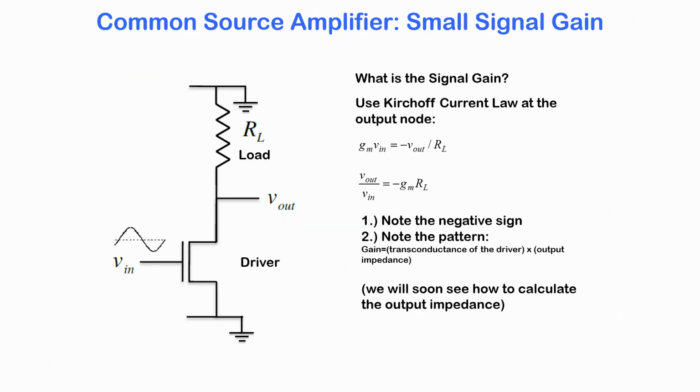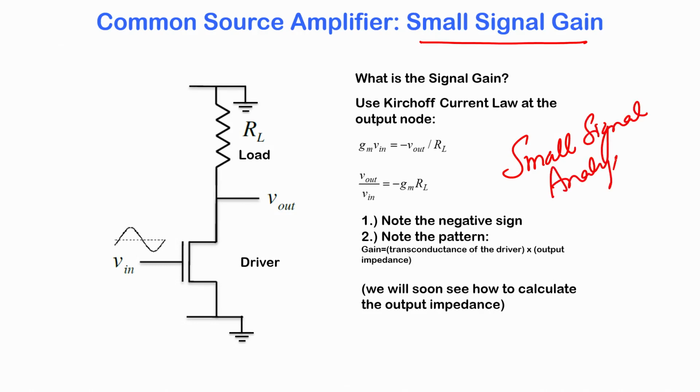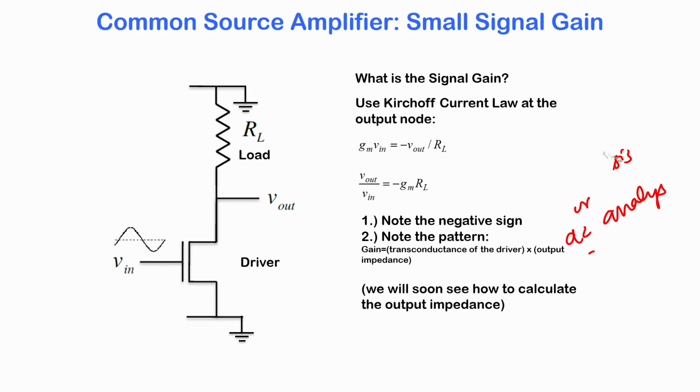So, now we are all set to go ahead and do the AC or small signal analysis of the circuit. Okay. So, let us say that you have this resistor.